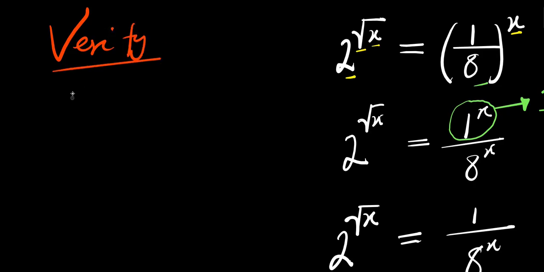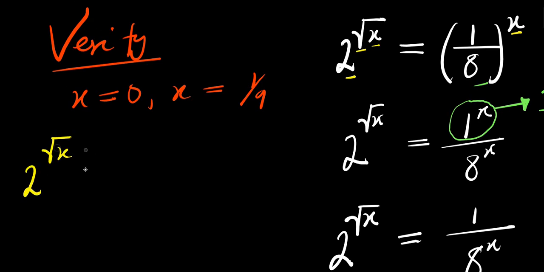So we have x equals 0 and x equals 1 over 9. So this is 2 power square root of x equals 1 over 8 to the power of x. And my x is 0.